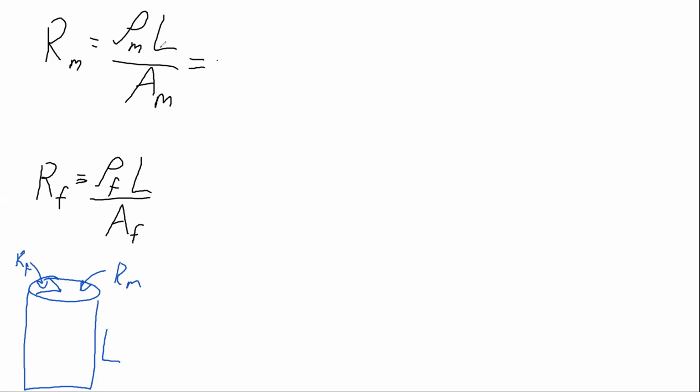So let me try this. Resistivity of the muscle times length over, for RM, some percentage of the area. I guess I could call that X. So X times A, which would be the area of your arm. So X is my percentage.